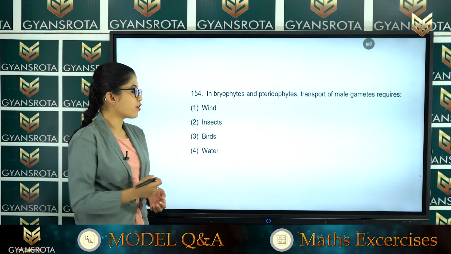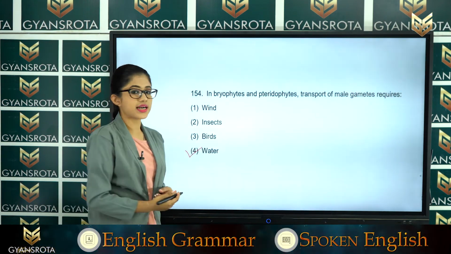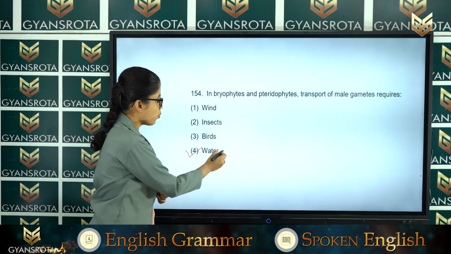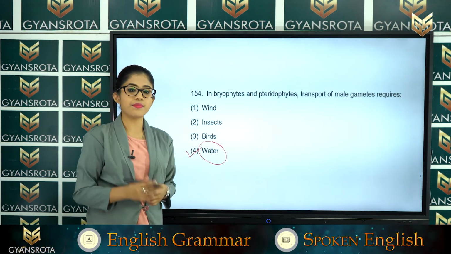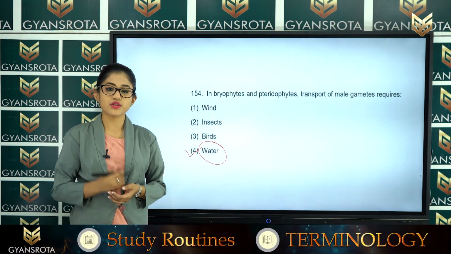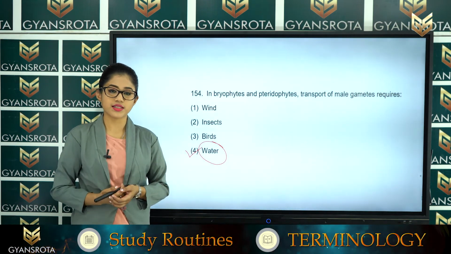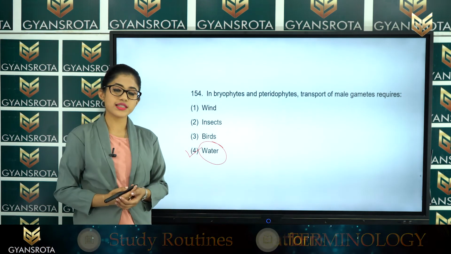So, among these 4 options, option number 4 is the correct answer, which means water is required by the bryophytes and pteridophytes to transport the male gametes to the female gametes and ultimately for the fertilization process. So, option number 4 is the correct answer.